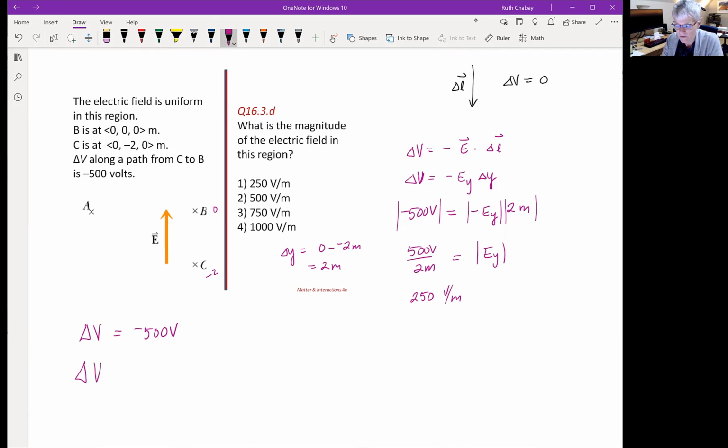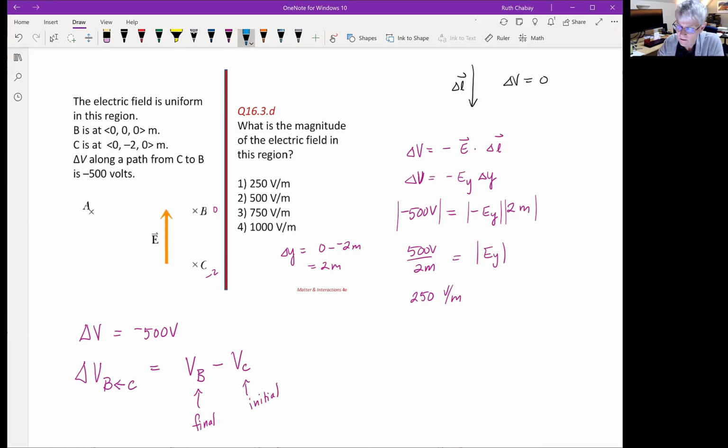We could write delta V to B with a little arrow from C. A more common way to do it is to say that it's V sub B minus V sub C, where this is the final location on the path, and this is the initial location on the path.